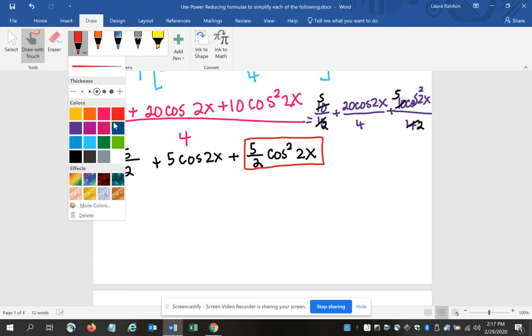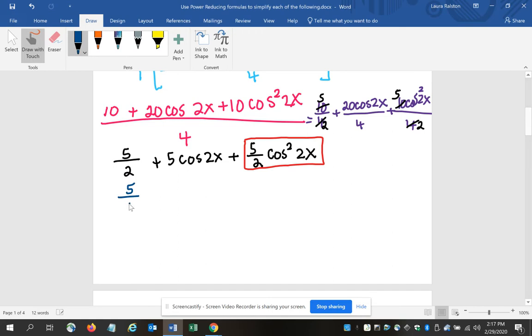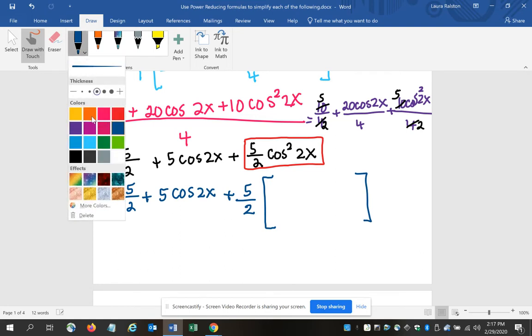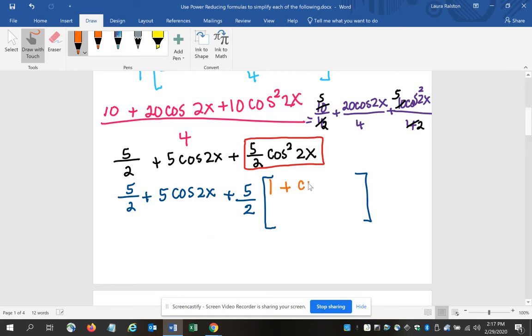So that does mean, though, that the 5 halves is going to stay, plus 5 cosine 2x is going to stay, plus 5 halves times, and in place of cosine squared, we're going to substitute the formula again, which would be 1 plus cosine of 2 times your variable, but our variable now is 2x over 2.